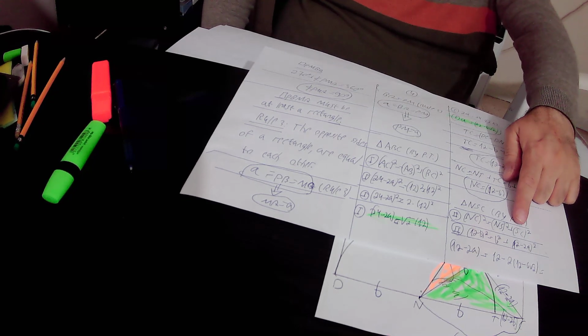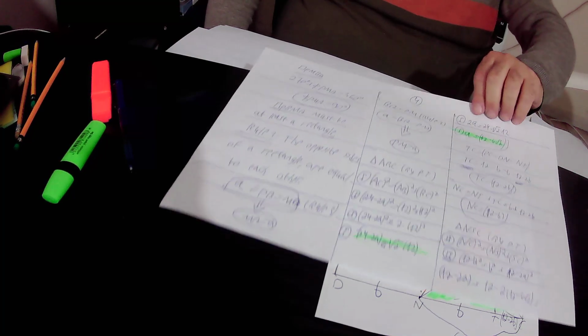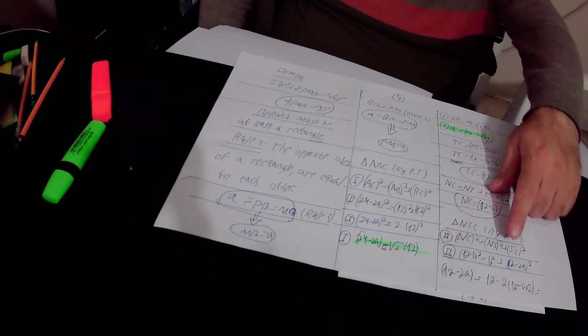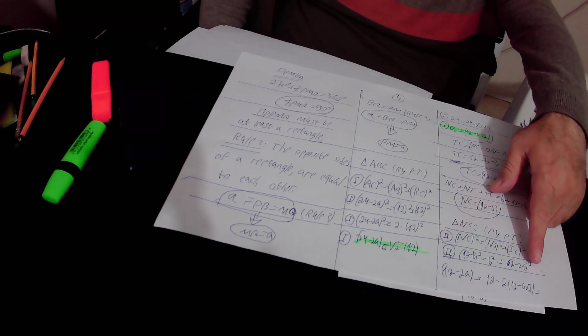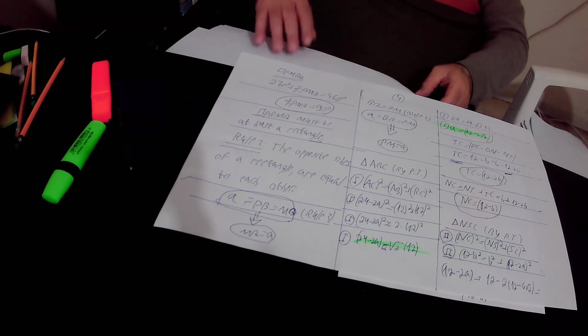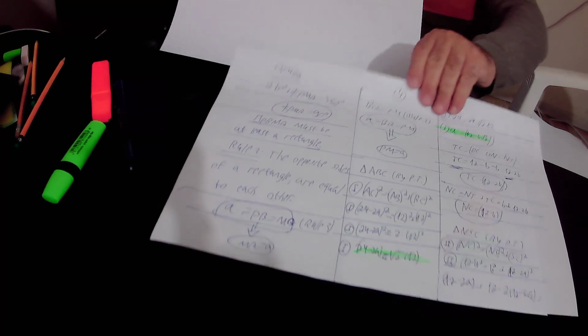In the next step, we calculated the value of the expression 12 minus 2A. 12 minus 2A equals 12 minus 2 times A, and A equals 12 minus 6 times square root of 2.